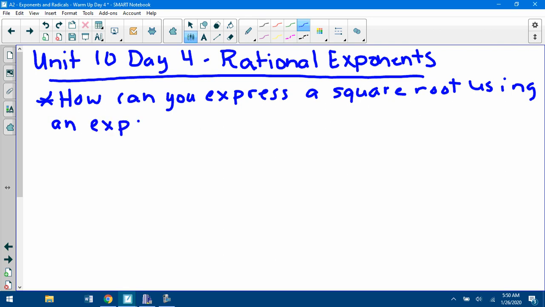We spent a lot of time yesterday on simplifying square roots, but now I want to write them as an exponent.